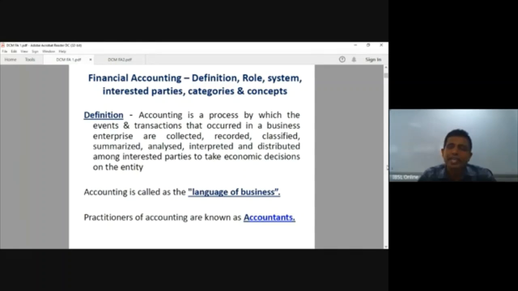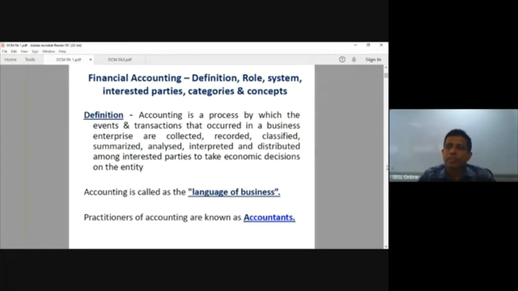In accounting, it defines that when there are transactions, there should be a system for you to collect those transactions and record them. Then classify them. After classifying, it should summarize those transactions. Then analyze them, interpret the results, and thereafter distribute or disburse among interested parties who take economic decisions on that entity.